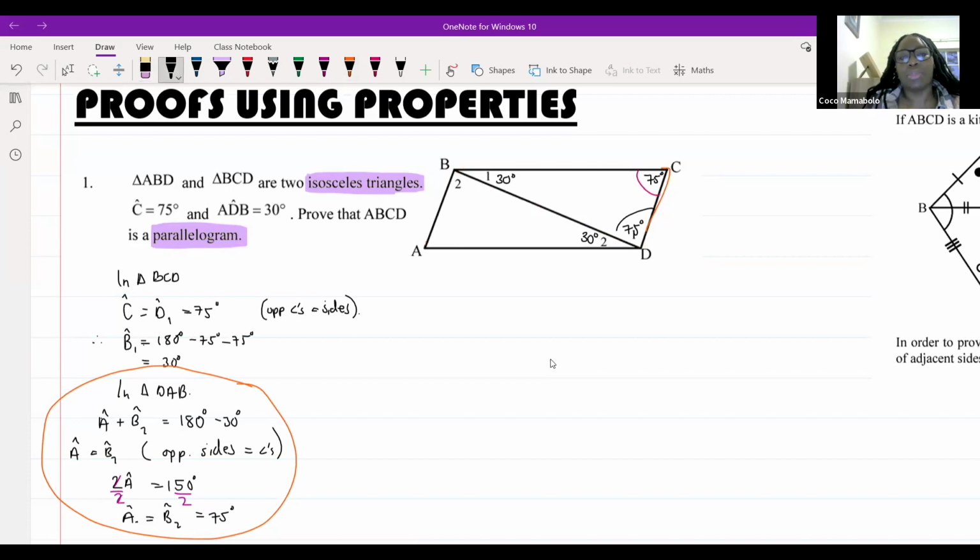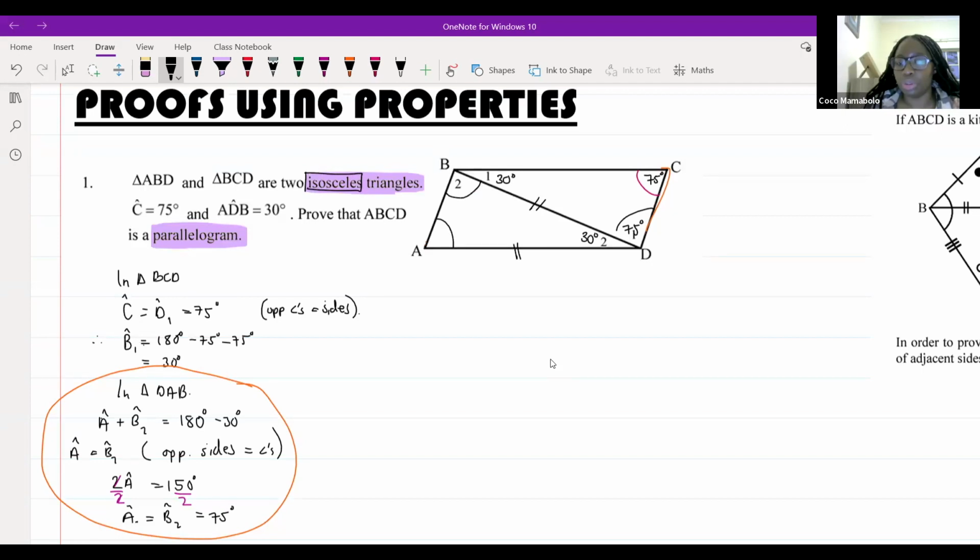Let's do this. So we know that triangle DBA is an isosceles triangle, right? They've told us it's an isosceles triangle. And there are two things we know about an isosceles triangle. We know that these two long sides are equal to each other. And what do we know about these two base angles?